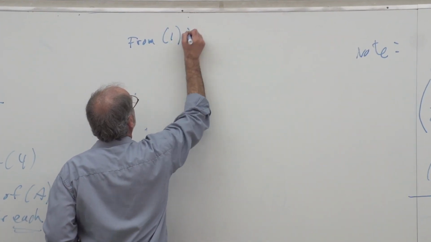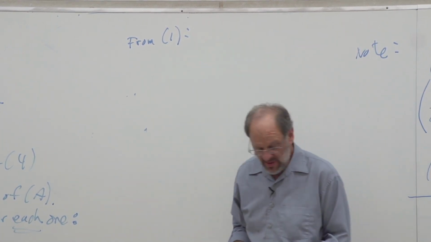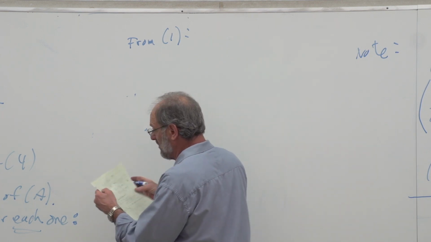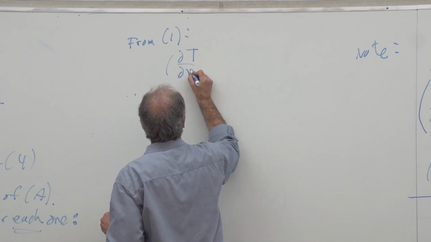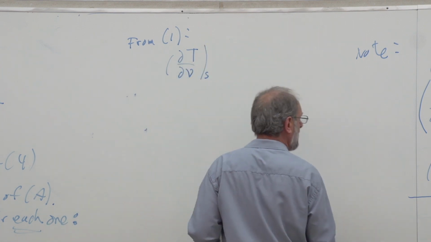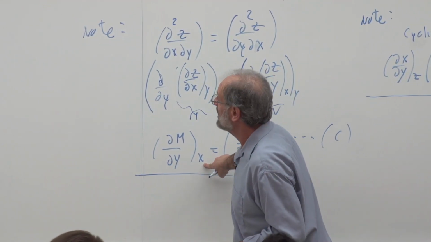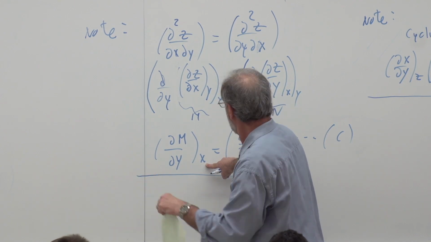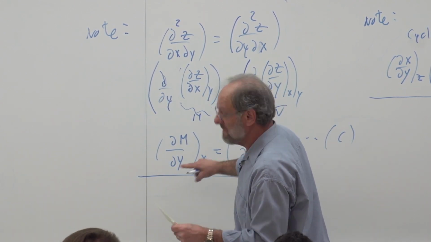And we'll start from equation 1. All right. So again, it's just a matter of making sure each term lines up properly. So from equation 1, we would actually get del T del V at constant S. Okay, so that comes from this. You know, x is the same as s, and y is the same as v.